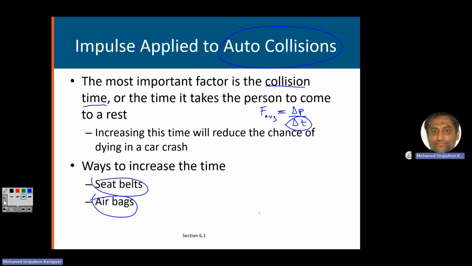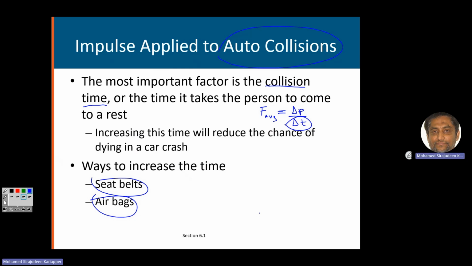So what will the seat belt do? It will increase the time. If the seat belt is not there, you will go and hit the steering wheel and you will be stopped. It may be a little longer than the car itself because you are moving forward before you stopped, but still it will be like 0.01 second, about 10 milliseconds.